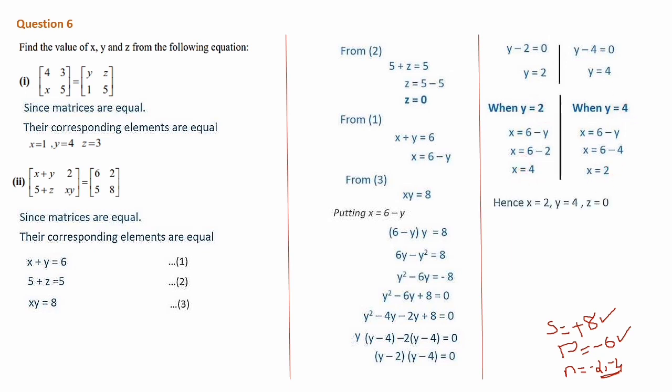So here the final answer we can take: x is equal to 2, y is equal to 4, z is equal to 0. And z is having only one value, that is 0. Then one more set of values are there, x is equal to 4, y is equal to 2, and again z is equal to the same 0. So these are the values of our variables.